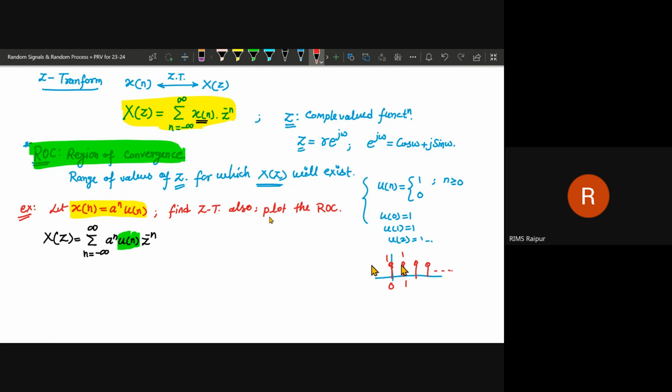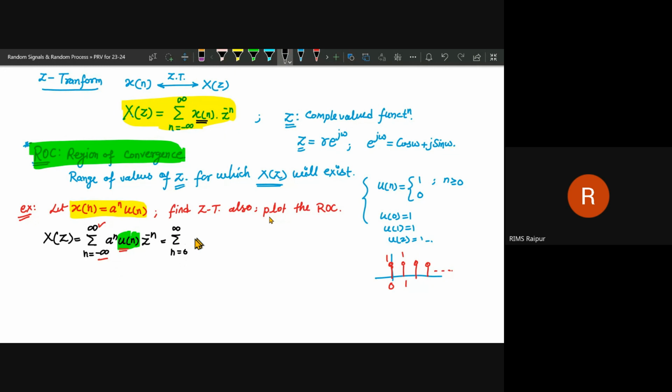Okay, so here the summation is from minus infinity to plus infinity, but for the values from minus infinity to minus 1, this u of n is 0. So this summation will be changed from n equals 0 to infinity. And for these values of n, this u of n is 1.